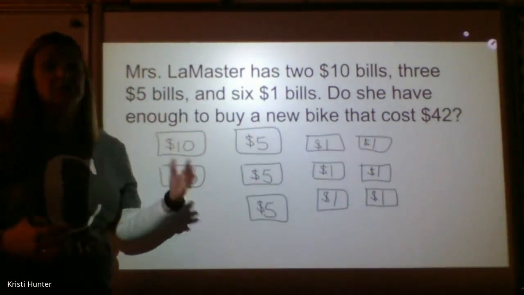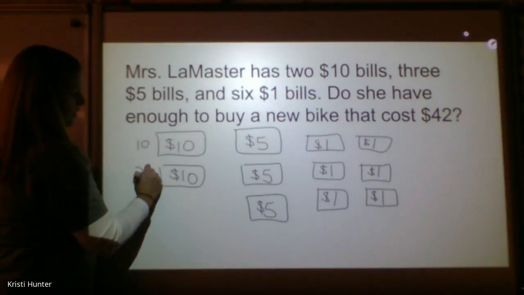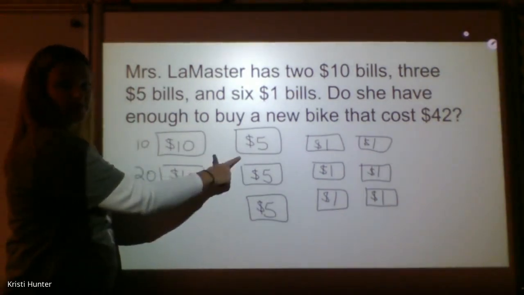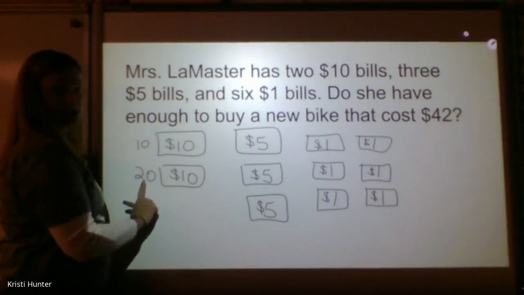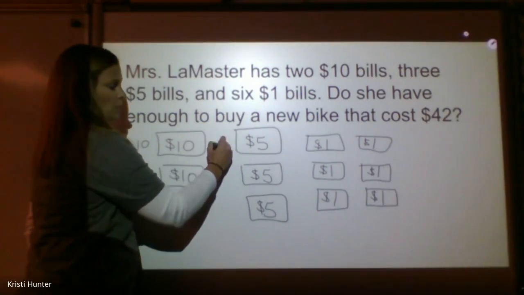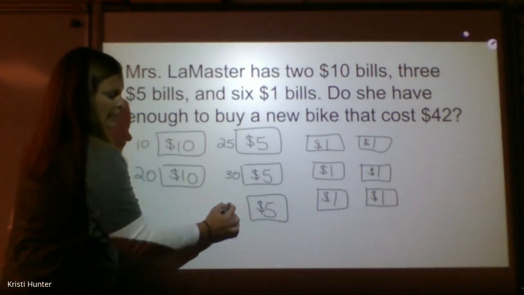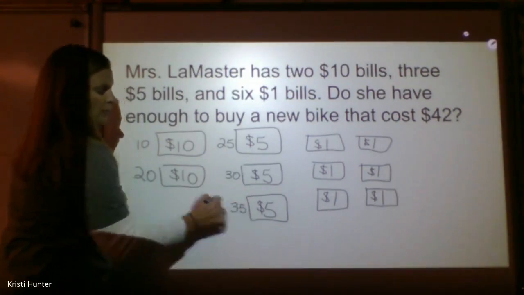First thing I'm going to have to do is count it. So here we go. Count by tens. 10, 20. Now I'm going to count by 5. So I left off at 20. So 20 plus 5 more makes 25. 5 more, 30. 5 more, 35.